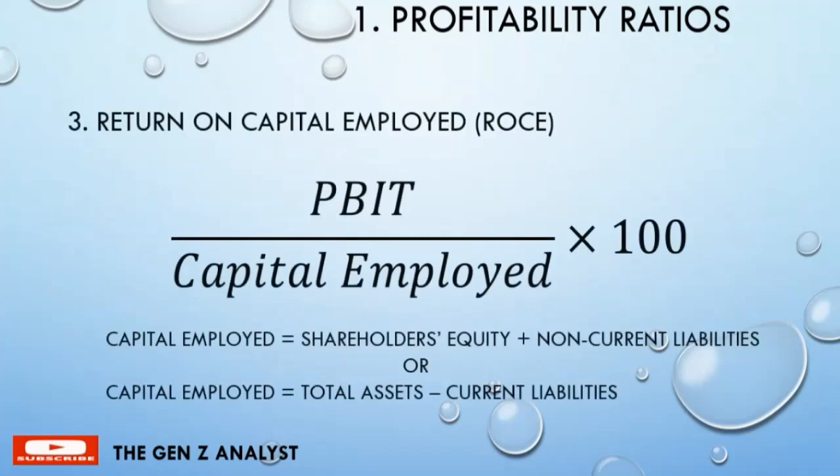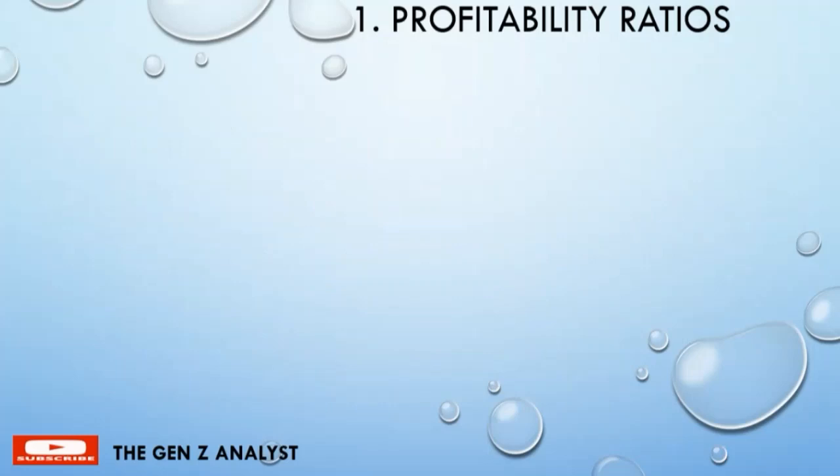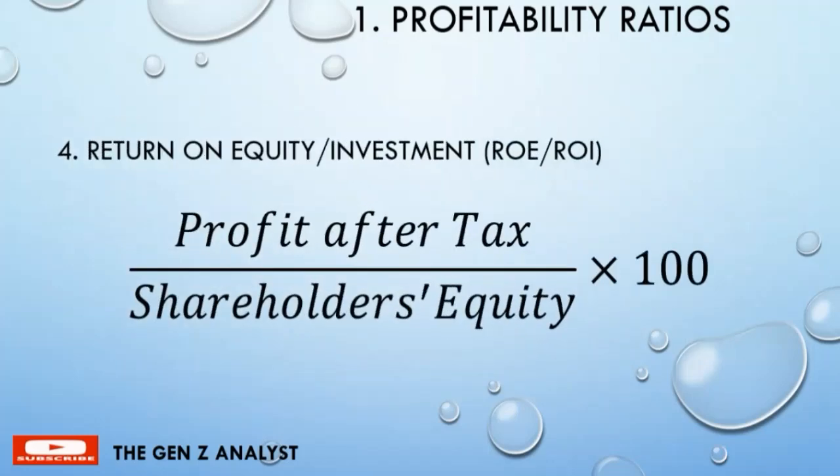The return on capital employed is talking about our capital, which comprises the shareholders' equity plus the debt that we borrowed. But when it comes to the ROI, we are talking about the return on equity only, that is, the ordinary shares of the business.